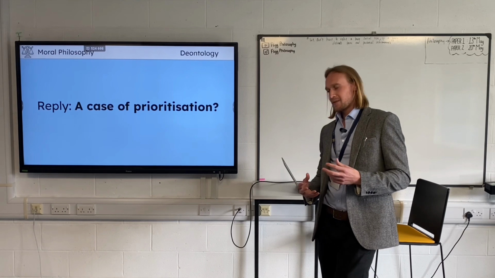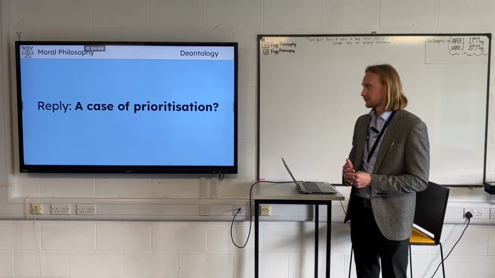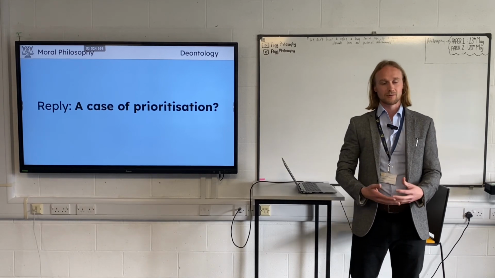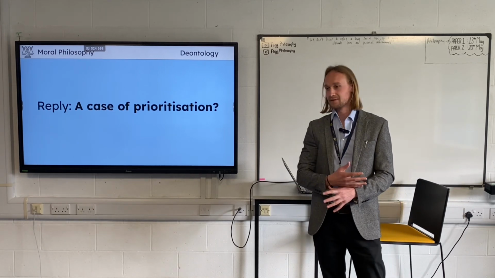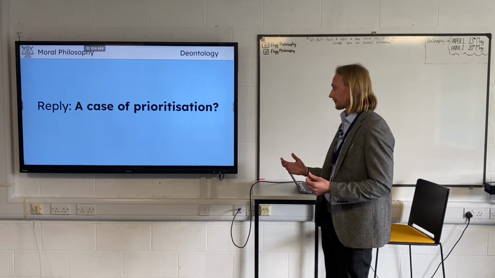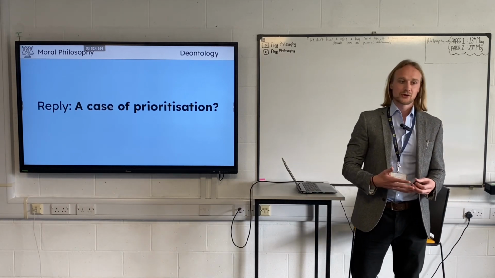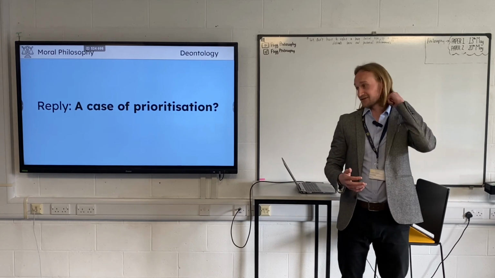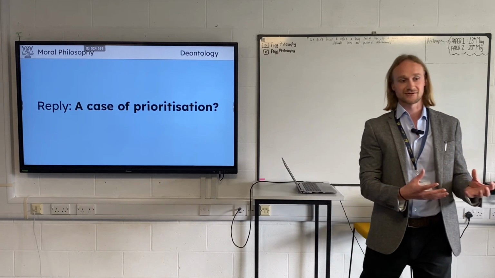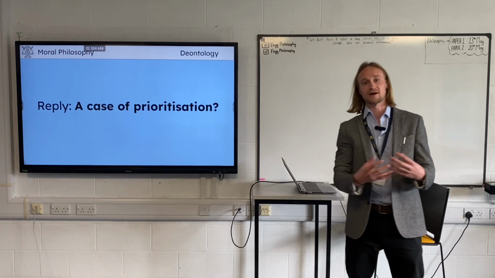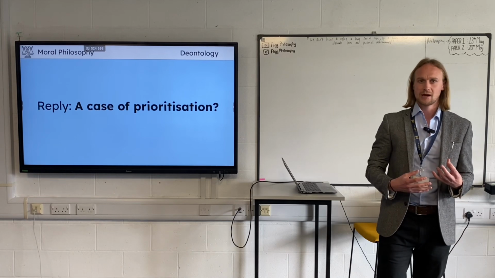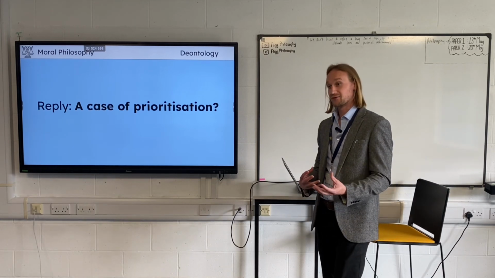Considering how we might reply to this clashing duties problem, if we look at the world of human rights, they are a set of laws quite similar to what Kant would consider moral laws. In human rights law, we can see there is a case of prioritisation. We do consider some human rights to have priority over others, so there are always conditions as to when a right applies and when it doesn't.